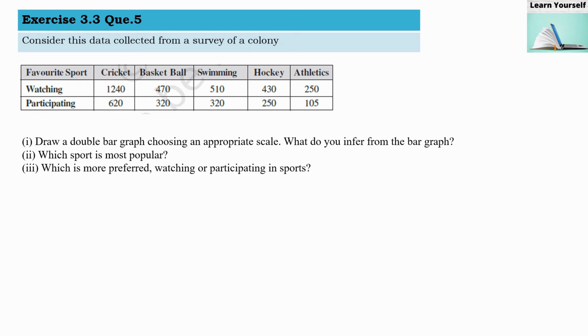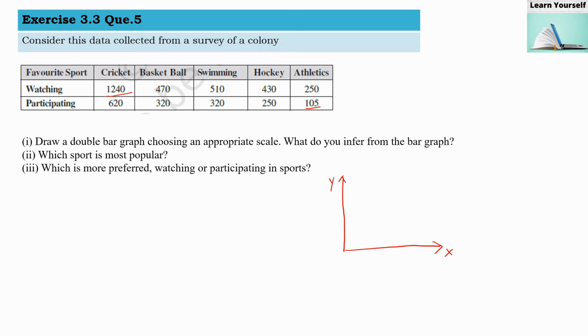So first let us locate the minimum reading and maximum reading. So here the minimum reading is 105, whereas the maximum reading is 1240. So our bar graph should be this much big. So here we are going to draw a bar graph like this, with x-axis and y-axis.